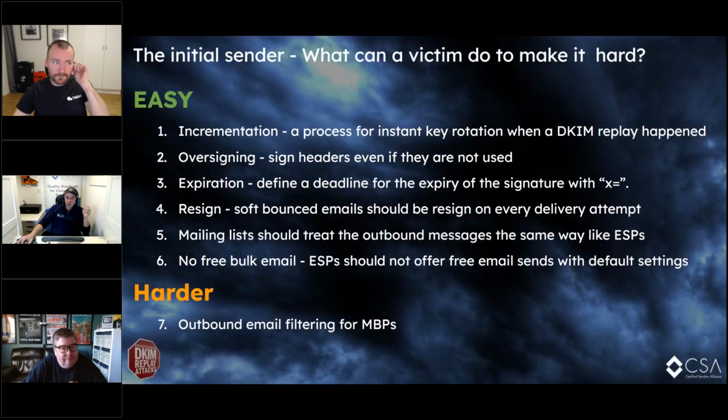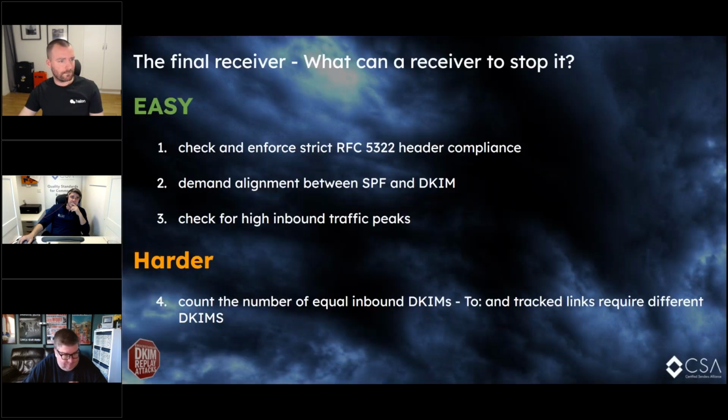Other than that, moving a bit forward, from the receiver side, Fredrik, what can a receiver do to stop a DKIM replay attack once it started? What are recommendations to have a better situation in that case?